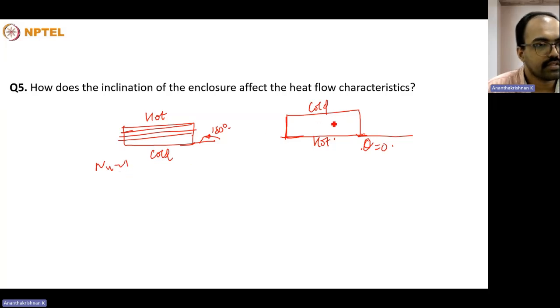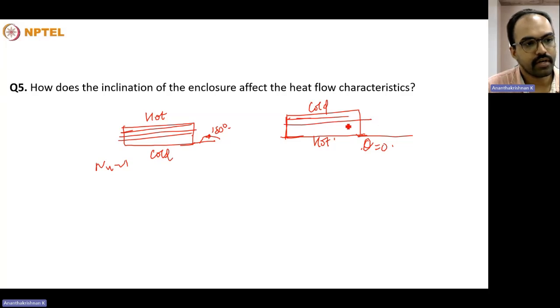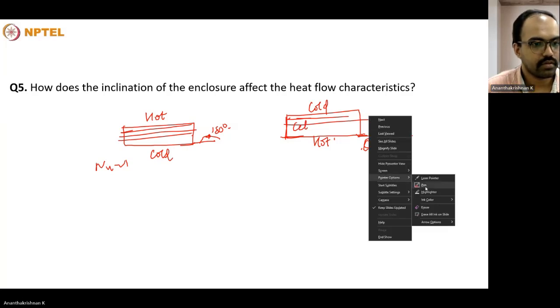And if this Rayleigh number is greater than the critical Rayleigh number that we have seen for the case of Bernard cells, we could see that Nusselt number will be greater than 1. So there will be cellular convection.